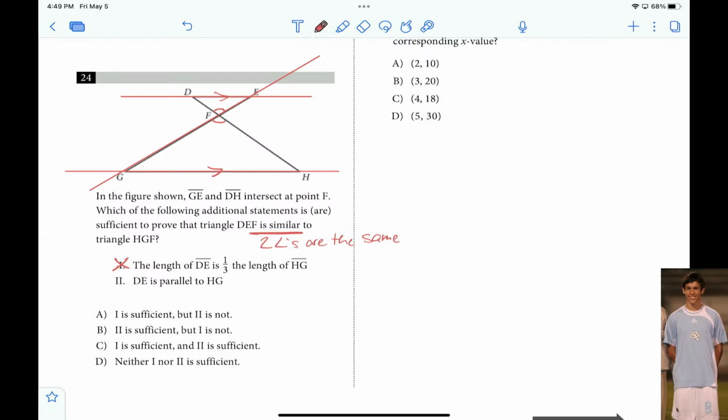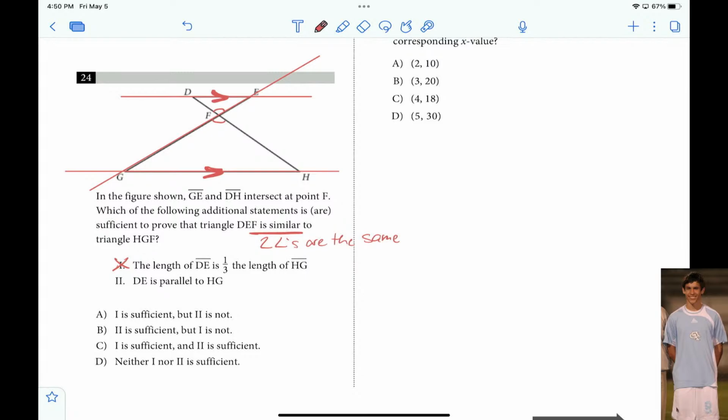So we have those two lines that are parallel that I have marked with those little arrows, which we use to indicate that they are parallel. When we have a line that crosses through both of them, like GE is doing for us right there, then we create those angles that can be considered either alternate interior or alternate exterior.